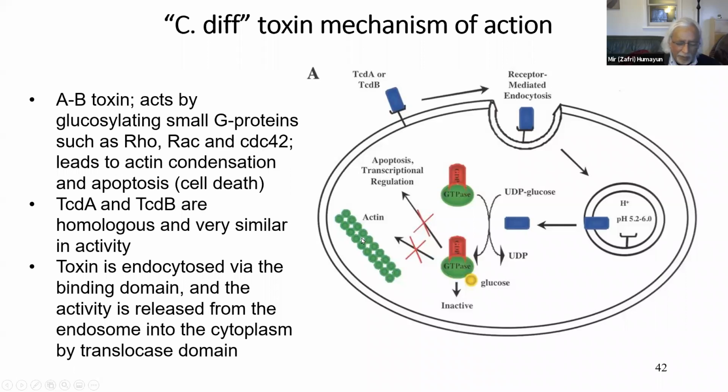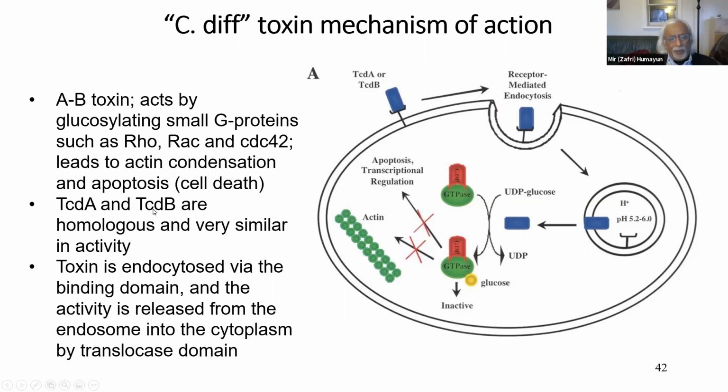Actin is part of the cell cytoskeleton. By acting on the cytoskeleton, they lead to a condensation of the actin, which in turn triggers apoptosis and cell death. So this is an AB toxin that glucosylates Rho family G proteins, ultimately triggering apoptosis.